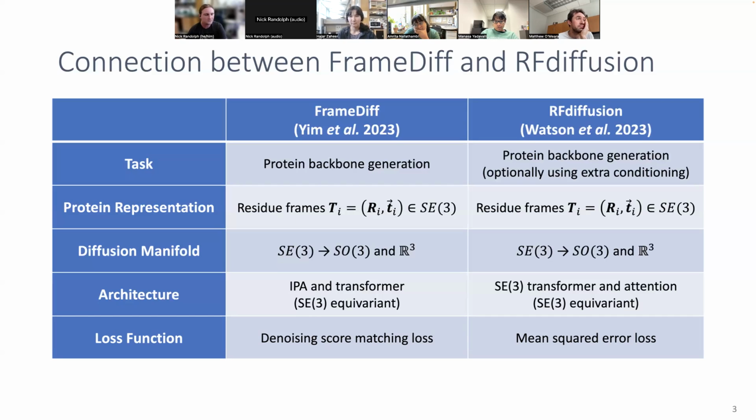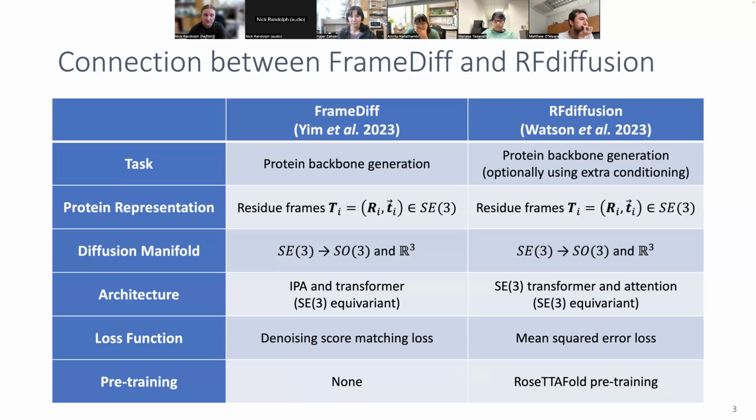And they have some justification for this, and we'll dive into that a little bit later. But the loss functions are different. So frame diff, more theoretical, RF diffusion, more heuristic based, but they both work very well. And another major difference is the pre-training. So we didn't mention this at all in frame diff because there was no pre-training, but RoseTTAFold diffusion is built on top of RoseTTAFold.